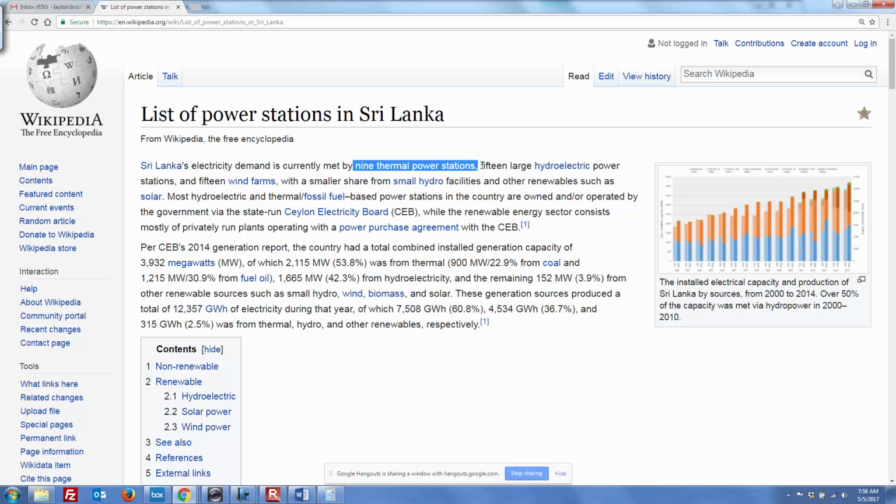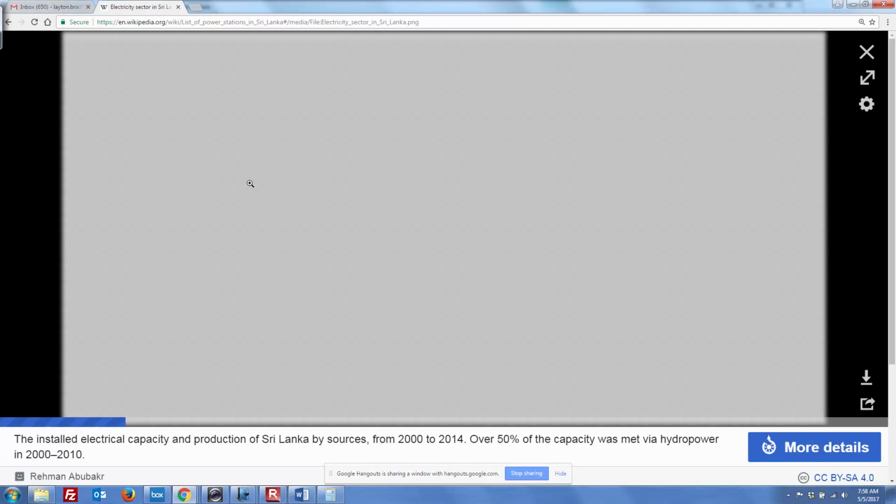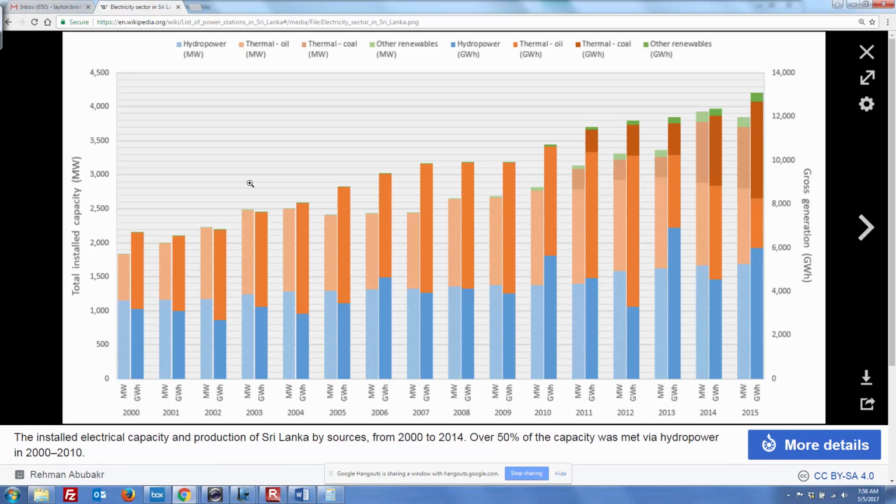The 15 hydro, that's going to be water, and then 15 wind. So what we can see here is I like this figure a lot. This is quite good.